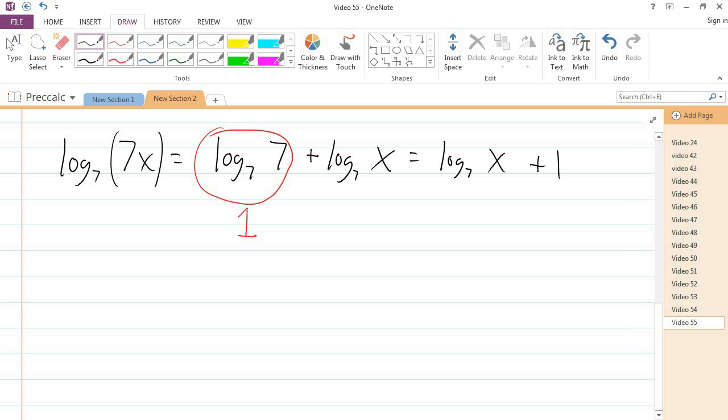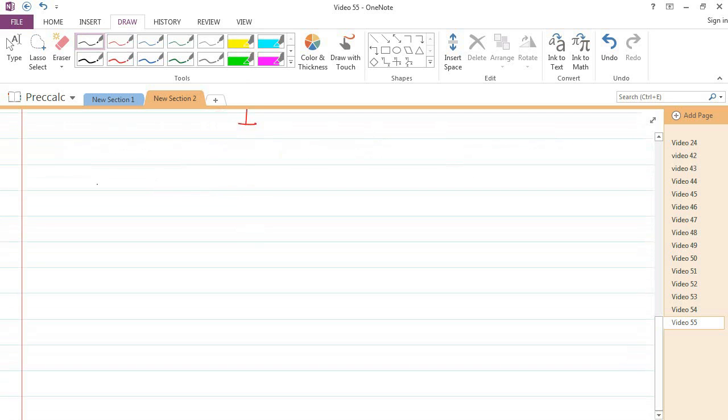Let's take a look at another example. Log with 3 as a base of 9xy. This multiplication allows me to break this up into 3 separate logs.